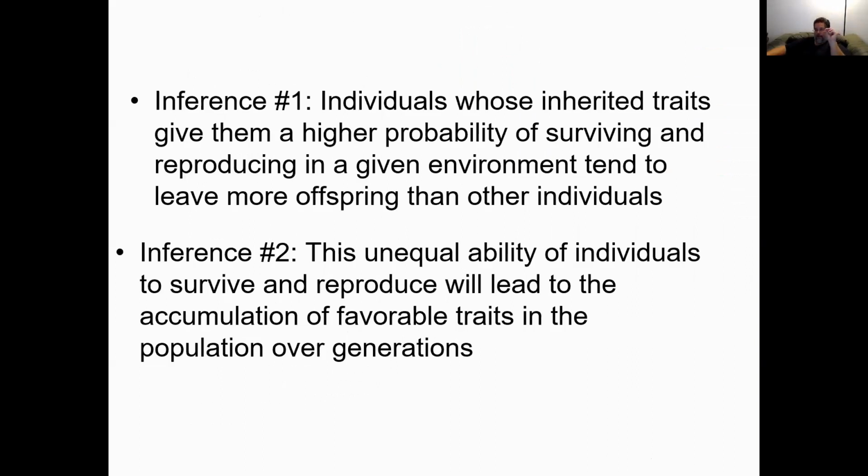So from those 5 tenets that you should memorize and understand, we come up with 2 inferences. In other words, conclusions. Individuals whose inherited traits give them a higher probability of survival. Doesn't have to be a lot. It might just be a few percentage points higher probability of survival.